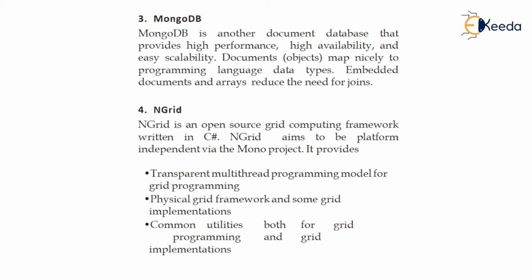Eventually consistent reads can be distributed over replicated servers. MongoDB is a server process that runs on Linux, Windows, and OS X. It can be run both as a 32-bit and 64-bit application. So this is about MongoDB.